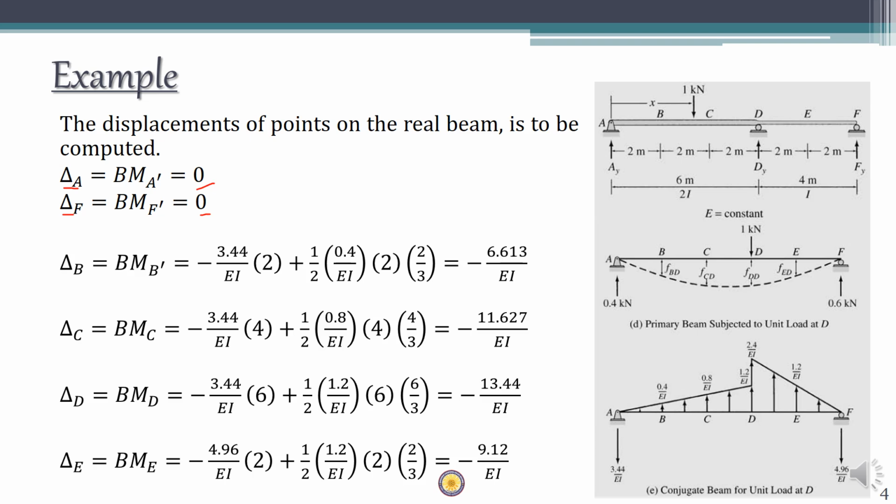The next thing you have to do is find out the deflection at B. To find the deflection at B, you have to find the bending moment at B, which is going to be minus 3.44 by EI into 2 plus half into 0.4 by EI into 2, which is the area, multiplied by the lever arm to the centroid, which is 2 by 3, base by 3. So multiplying by 2 by 3, you get the value of deflection at B.